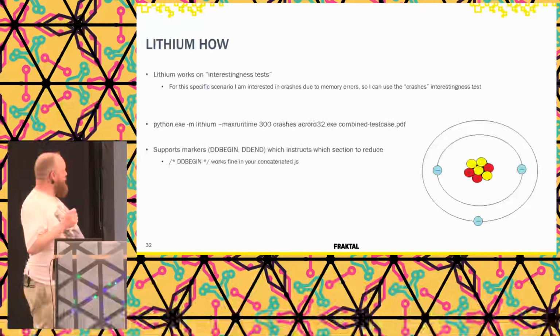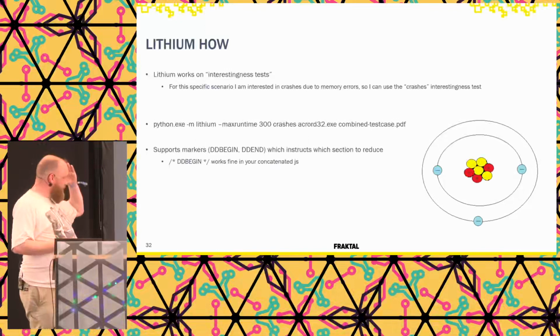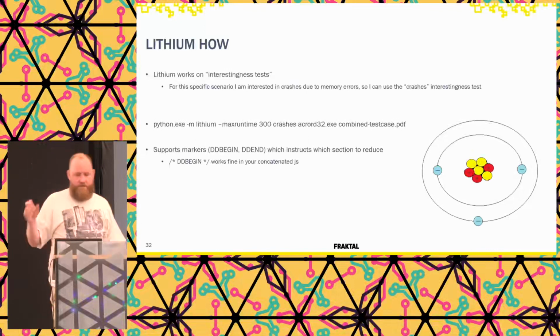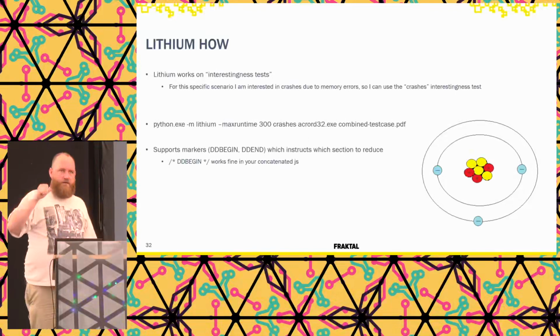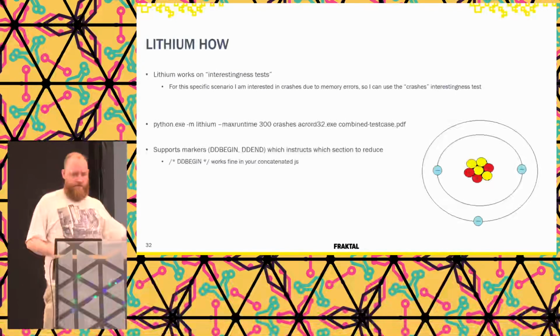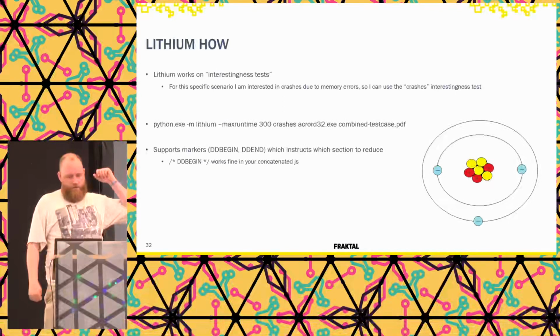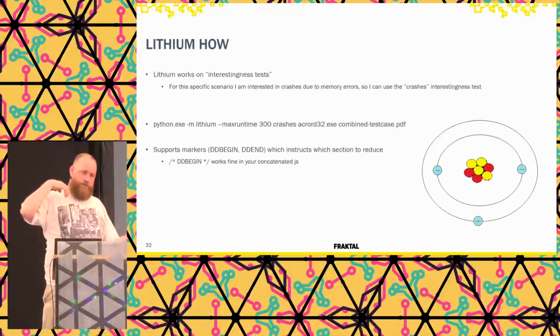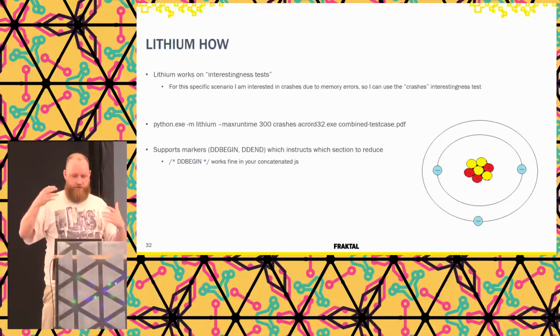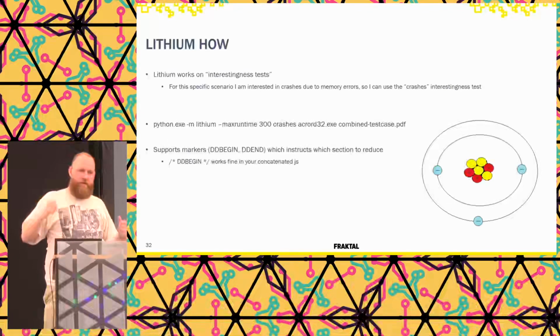So in my case, I'm interested in things that crash due to memory errors. So there's an interestingness test that's called crashes, right? And then you instruct Lithium to monitor the execution and then just cut out chunks from the lines in the PDF.